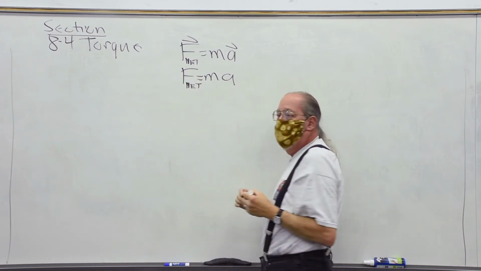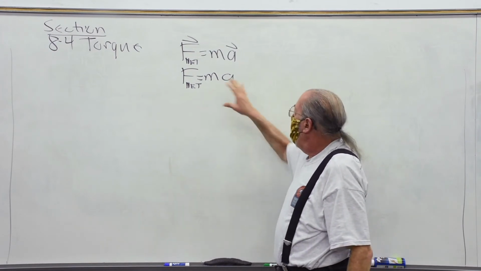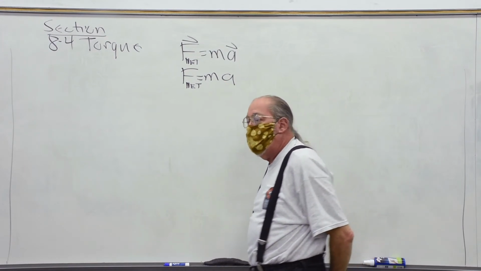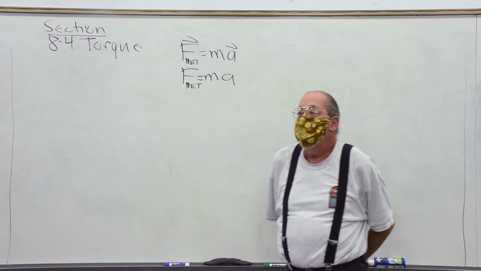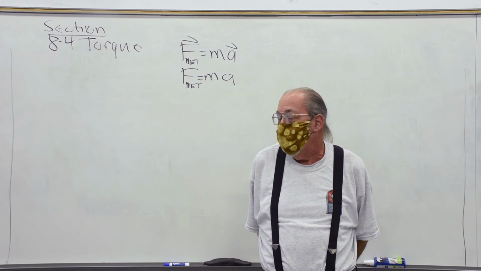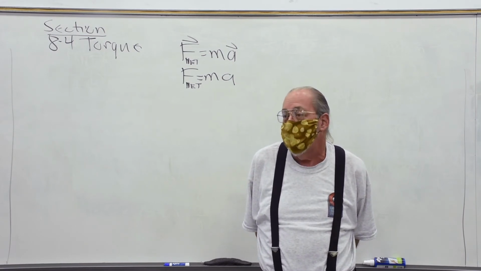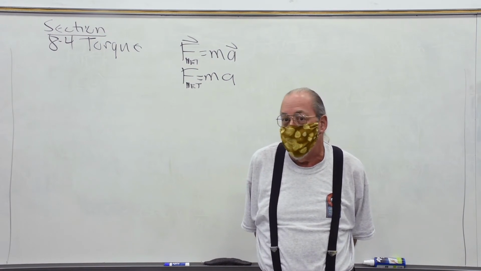If you ask, what is a net force? The answer is whatever it is in nature that alters the velocity of an object. That is what a net force is. Whatever changes the velocity of an object.